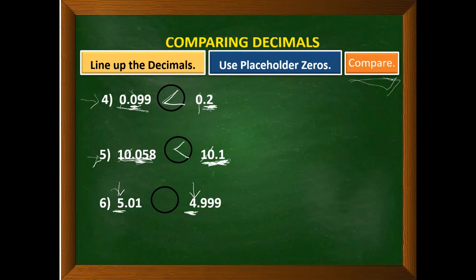Of course, it's 5. So we can stop from there. We can just compare the whole numbers, and we know that this is greater than this. So let's put the symbol, and we will read it as 5 and 1 hundredths is greater than 4 and 999 thousandths. Okay, so there you have it.